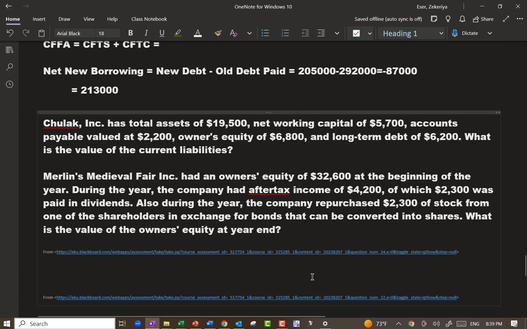What do you think the addition to retained earnings is? Remember, retained earnings means the part of net income that you didn't pay as dividends. So you made 4,200, you paid 2,300 in dividends, the rest you added to retained earnings.